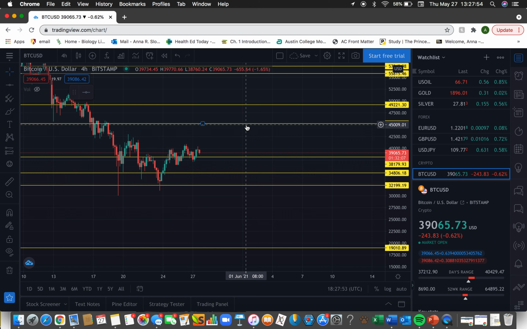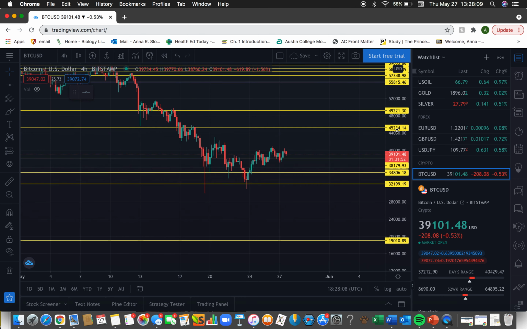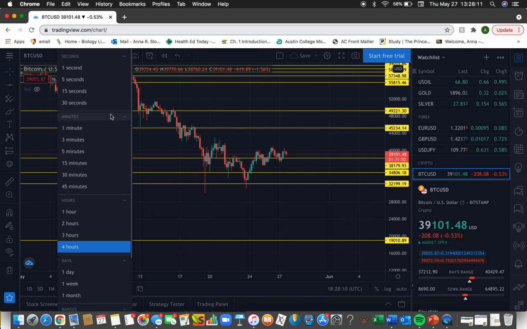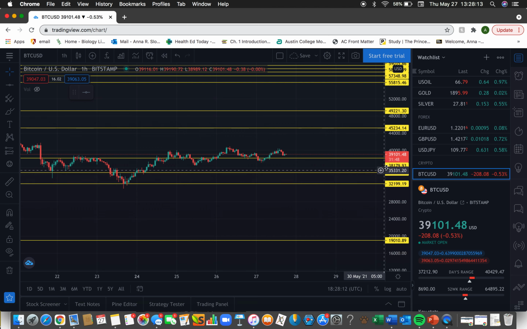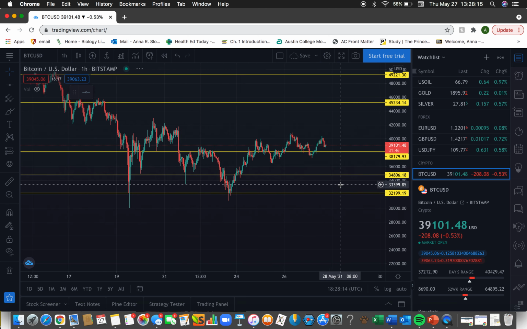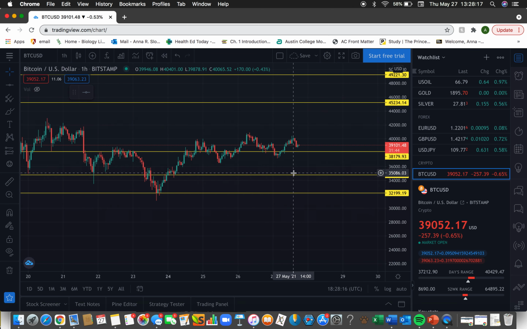Maybe take 25%, 50%, or if you feel like it's about to get rejected again, all the way back down to your line, you might as well take all the profits. Then once it comes back down, boom, hop back in. It comes back up, get out. Because the levels that you made are basically like a fortune teller, telling you how the chart is going to move.